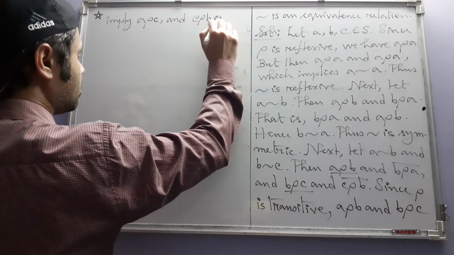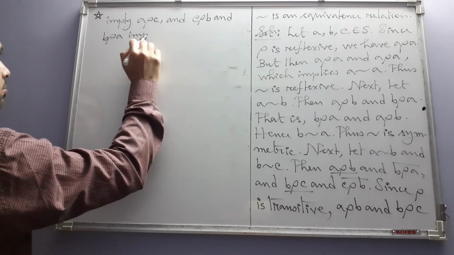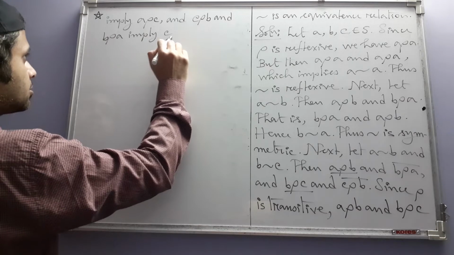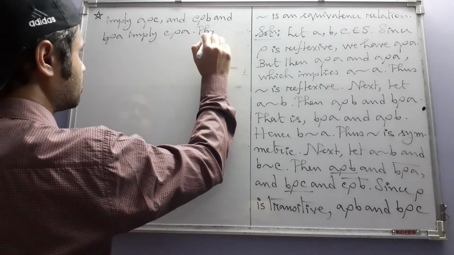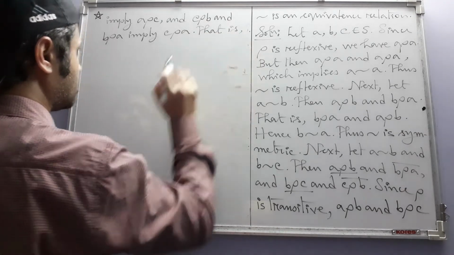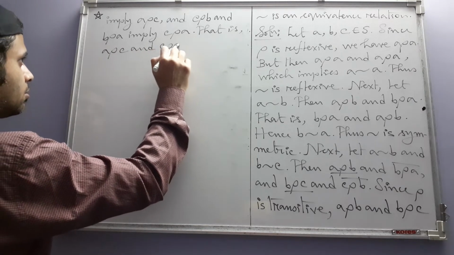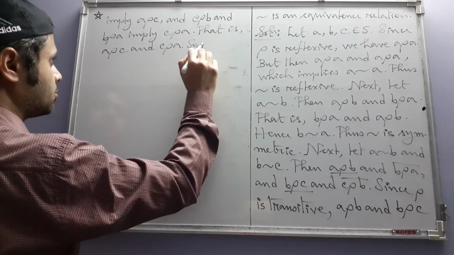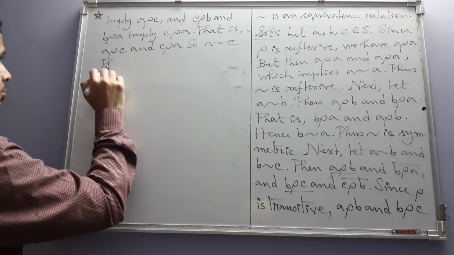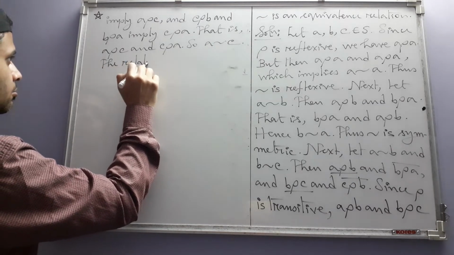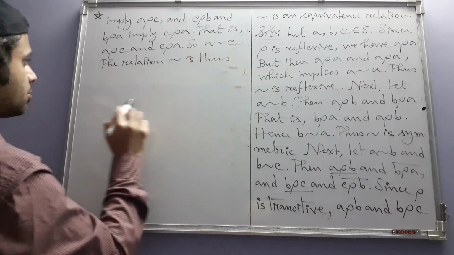C rho B and B rho A imply that C is rho related to A. That is A rho C and C rho A. So A is related to C. The relation tilt is thus transitive.